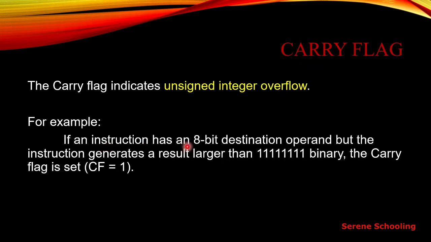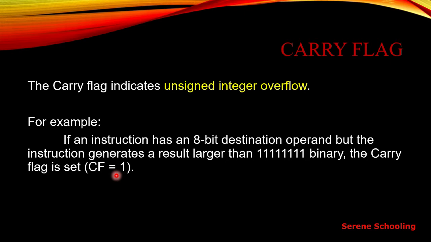Like here, if an instruction has only an 8-bit destination operand, it means that I can move a value of only 8 bits in that destination. If we are going to store any value larger than this 8-bit destination, then there definitely occurs an overflow, right? If the instruction generates a result larger than these 8 bits, the carry flag is set to 1, like this, CF equals 1.